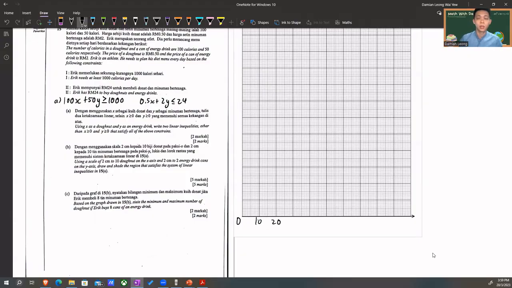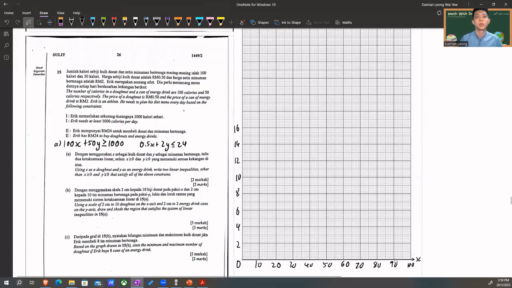10, 20, 30, 40, 50, 60, 70, 80, 90, 100. The other one, each box is 2. 2, 4, 6, 8, 10, 12, 14, 16, 18, 20, 22, 24.